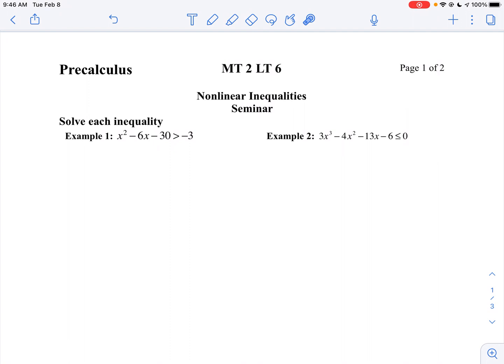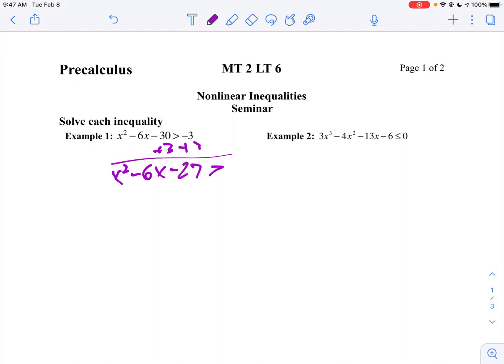When I solve a polynomial, we'd like to have it equal to 0, or in this case, greater than 0. So what I'm going to do is add 3 to both sides. And then I'm going to say x squared minus 6x minus 27, because negative 30 plus 3 is negative 27.